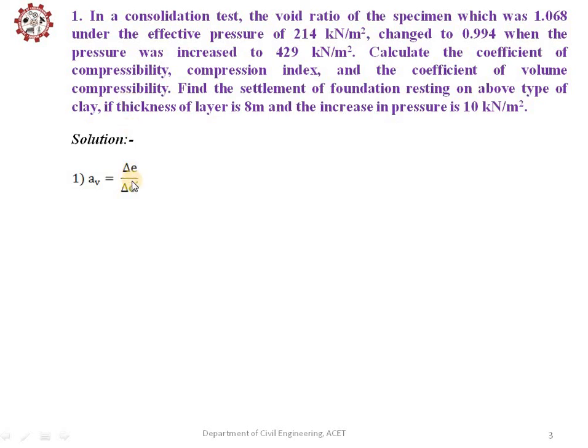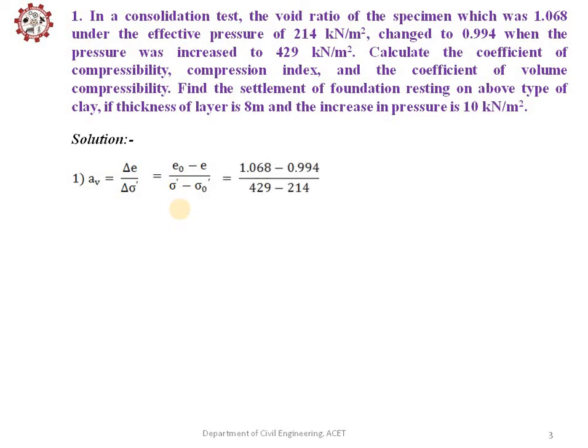So first, av equals delta e upon delta sigma dash, which is given by e0 minus e and sigma dash minus sigma 0 dash, where e0 and sigma 0 dash are the initial void ratio and stress, and e and sigma dash are the final void ratio and effective stress.